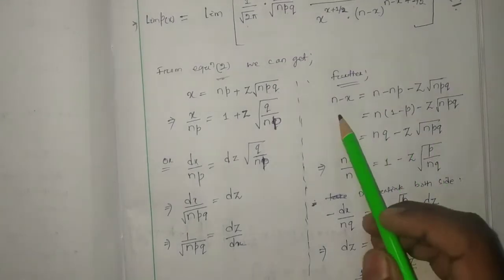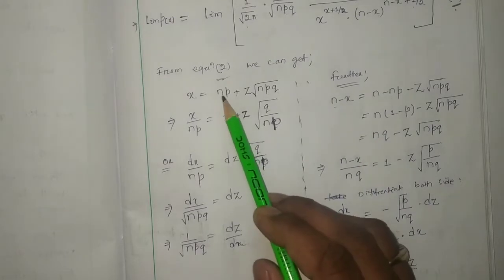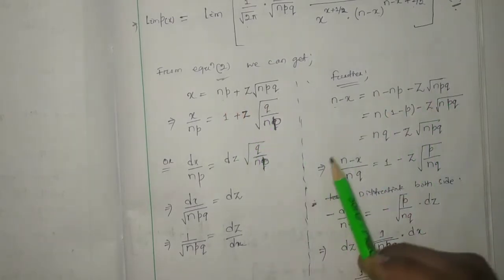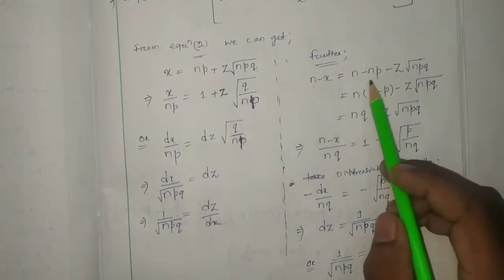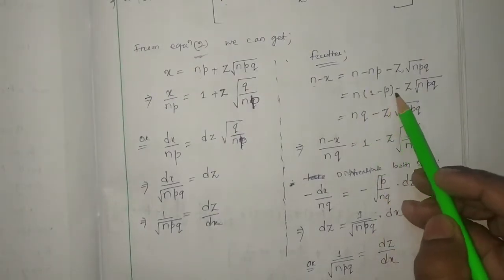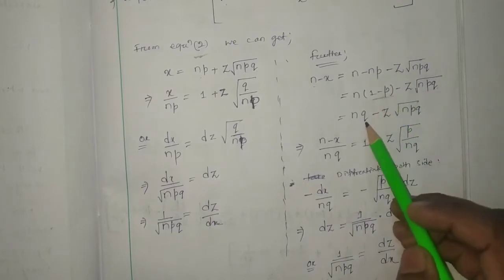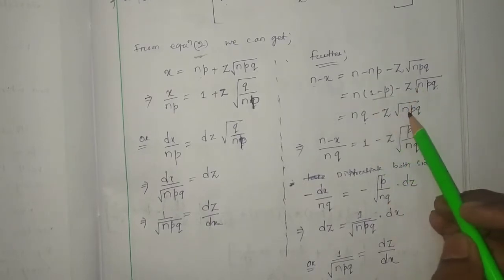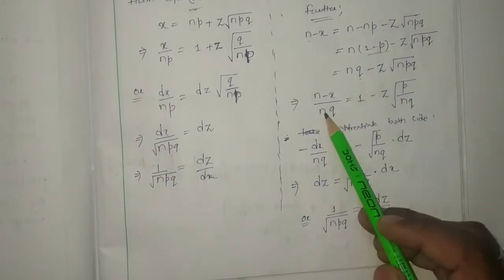Now further, if we consider n minus x, that means n minus this much, then we can get n into 1 minus p minus z into root over of npq. 1 minus p is nothing but q, minus z root npq. So here n minus x divided by nq.